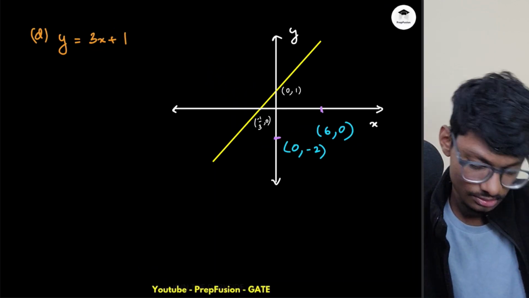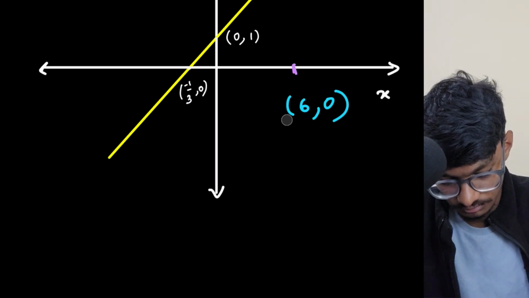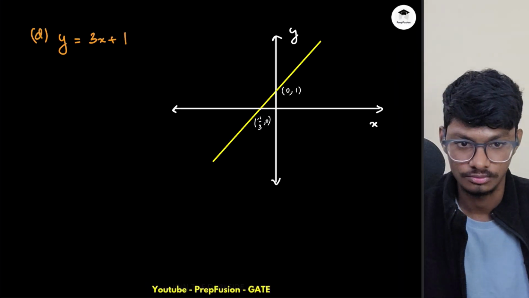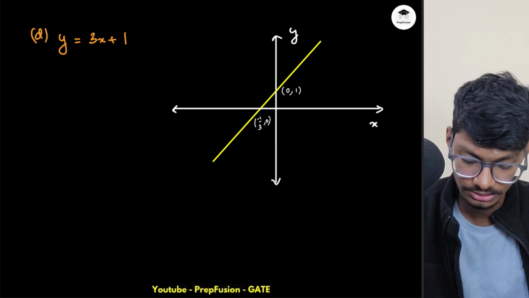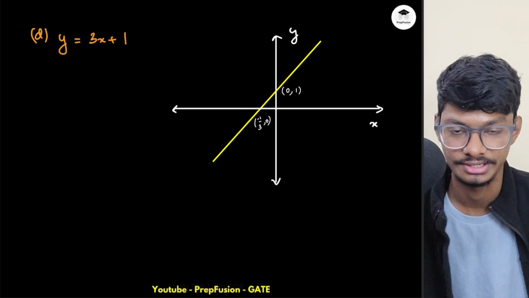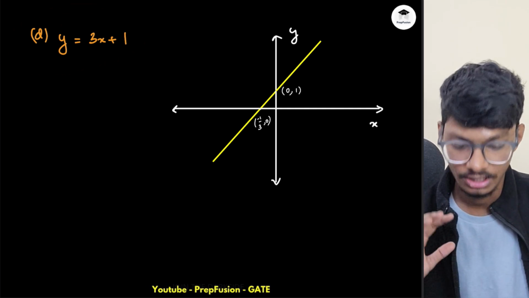Okay, so these are the plots. Here we can see the slope is constant, the line is a straight line, so it is a linear equation. The degree is 1 here, so again it satisfies. So this is what I wanted to say.